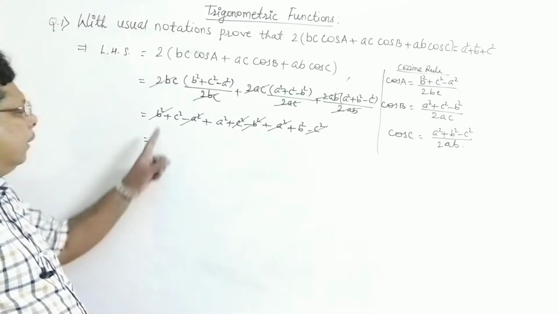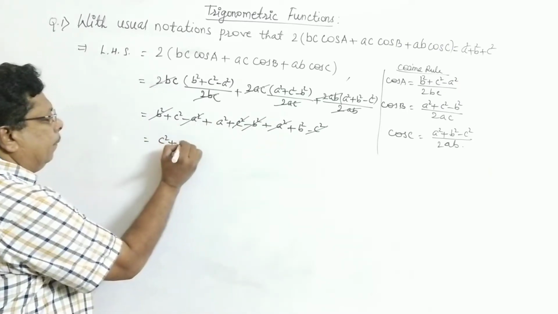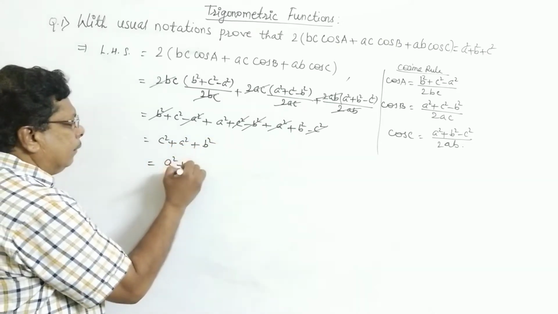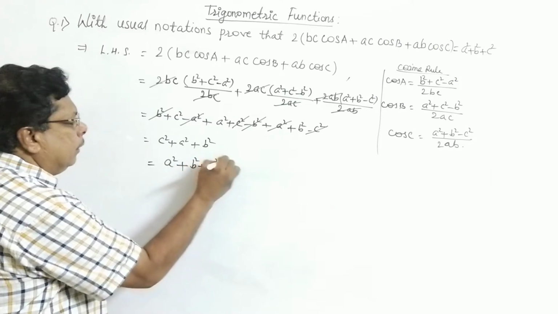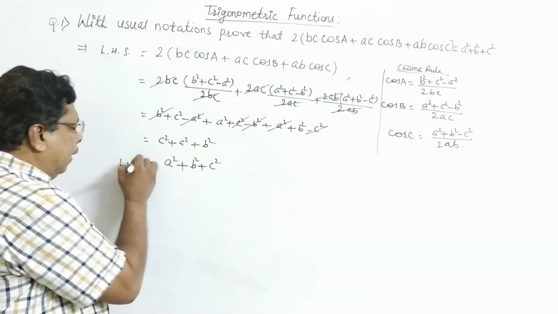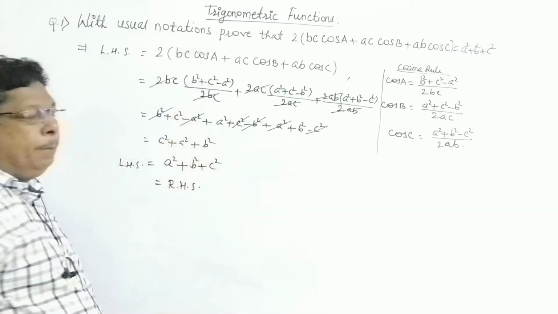Remaining is C square plus A square plus B square. This we can write A square plus B square plus C square, and that is our RHS. LHS is equal to RHS. Hence proved.